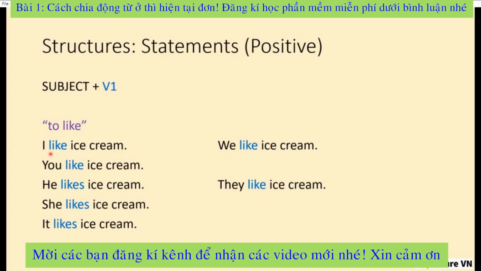So, first person singular and plural, second person singular and plural, and third person plural. We are using like. However, third person singular, he, she, it, we have to use likes. So this is how we use the two forms of verb 1 in statements.